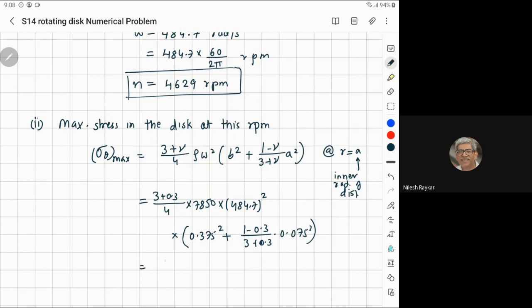So this turns out to be 215.8 into 10 to power 6 Newton per meter square, which is nothing but 215.8 megapascal. So this is the answer to the second part of this question.